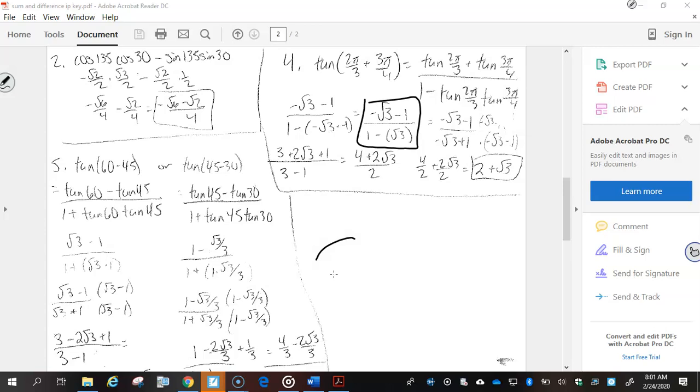Remember when I said I don't need you to keep going? The reason why is it's a lot of work. I'm not expecting you to do this work because you would have to multiply by the conjugate, which is the opposite, and simplify a bunch. I'm not asking you to do that. For number 5, you should have stopped right here. So everything else is extra.